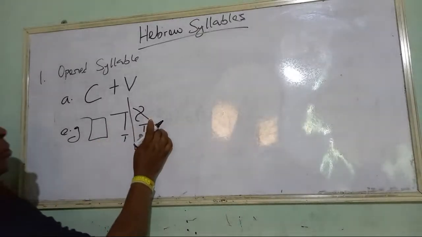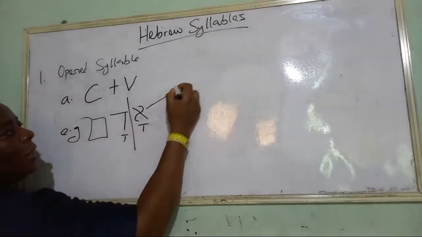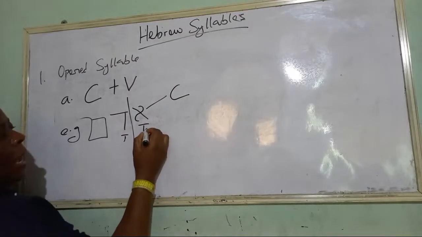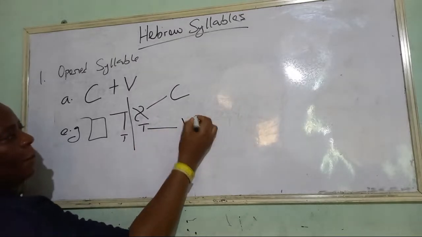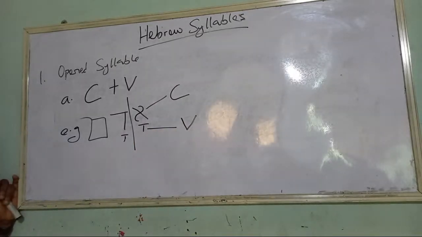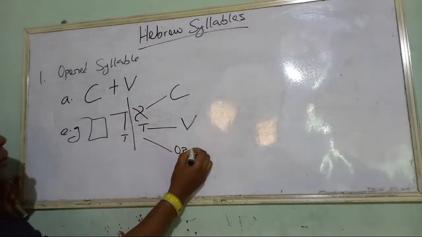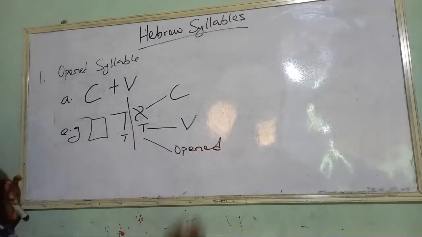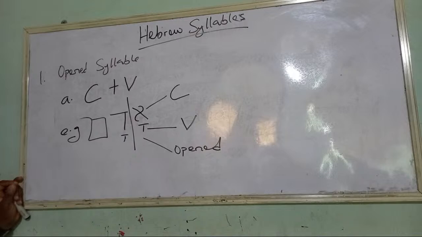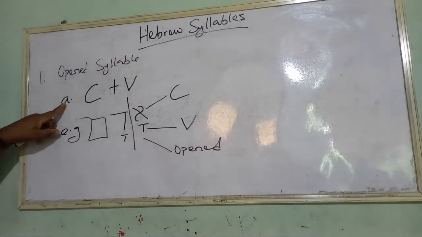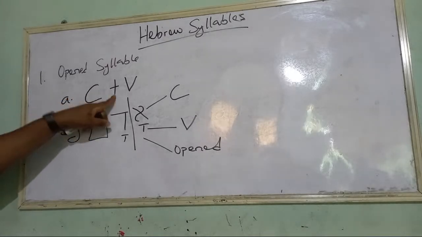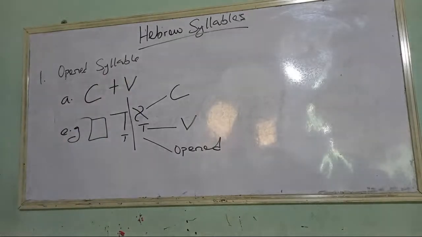In the first syllable, we have a consonant and a vowel. So this first syllable is an open syllable, because an open syllable has the pattern of consonant plus vowel.